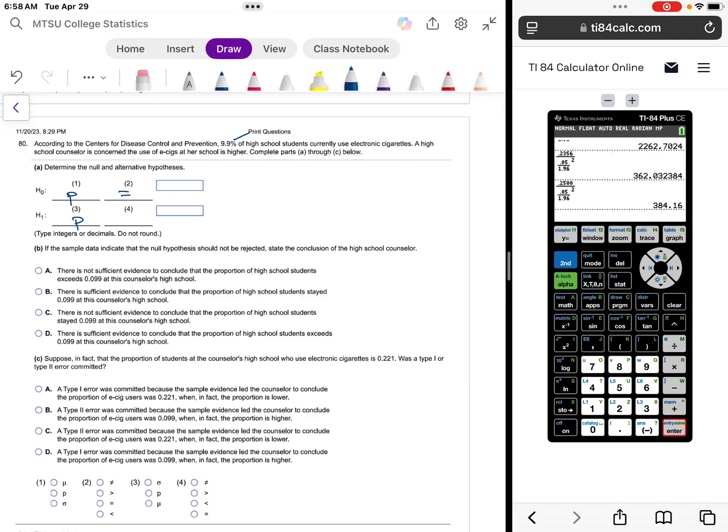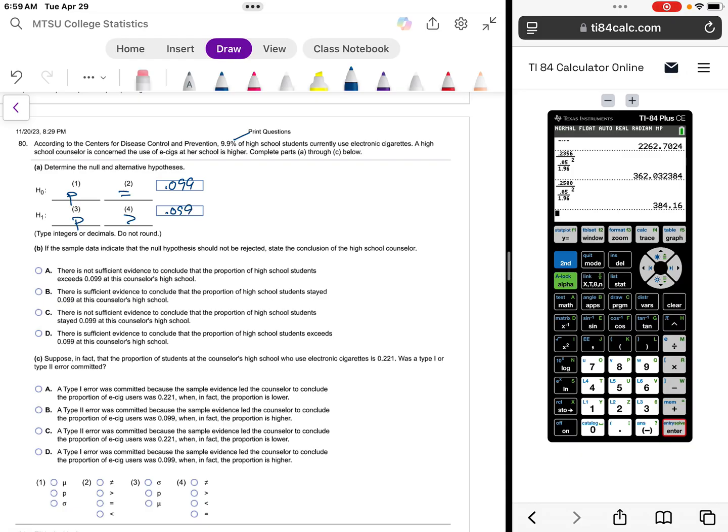Now they say, according to the CDC, 9.9% of high school students use electronic cigarettes, so 0.099. We always write it as a proportion. The counselor believes it's higher, so greater than 0.099.